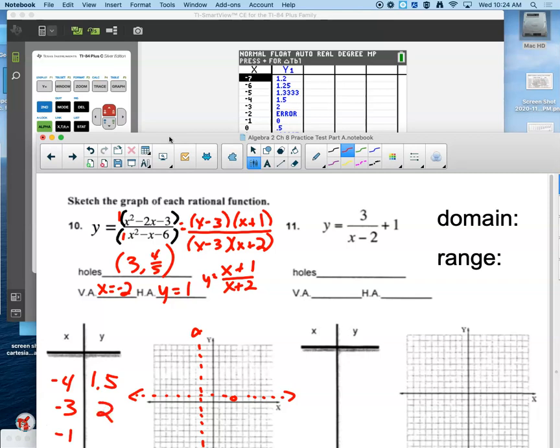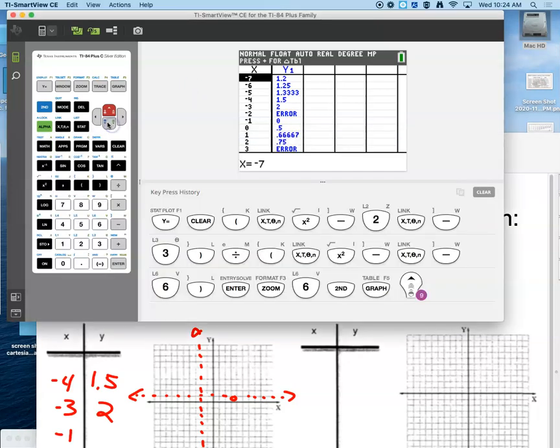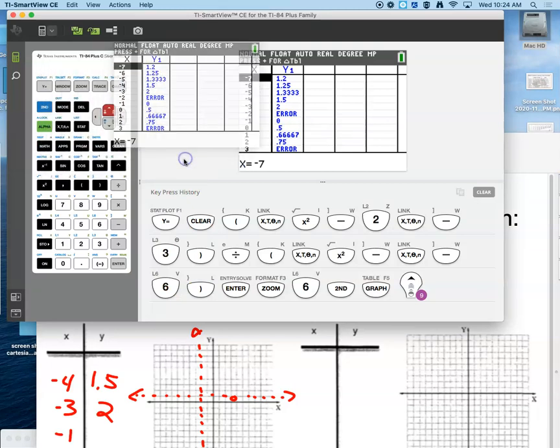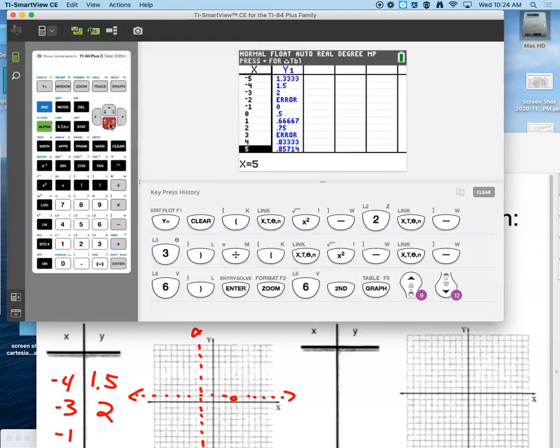Should we be shocked that at -2 it says error? That's where we said there was an asymptote, right? That's supposed to be good. So while we're thinking about it, where should we find an error in another spot? -1 was 0, but -2 said error, and 1 has 0.66667.